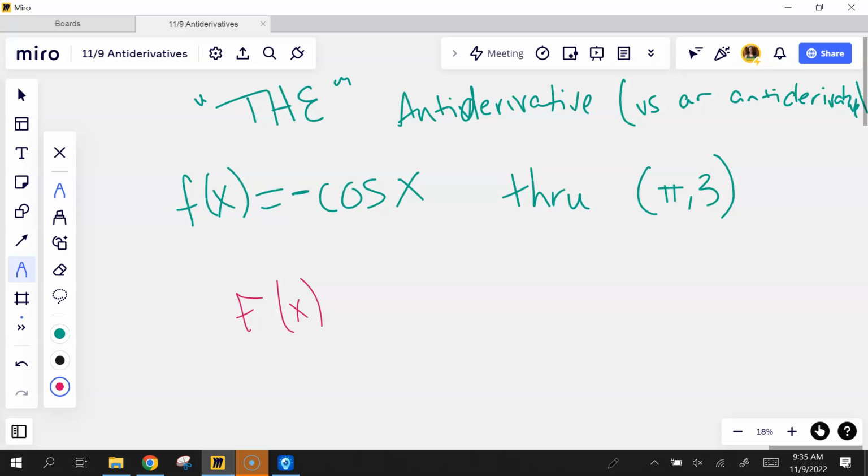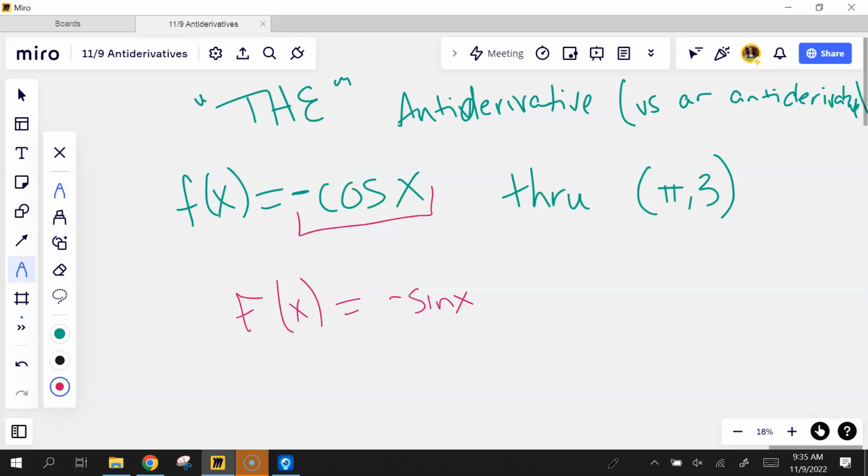All right, so I need to think backwards. What would give me negative cosine x? Negative sine x. Do you agree? Does everybody agree? And if you get confused, write it down and then go, what's the derivative of sine x? Negative cosine, right?